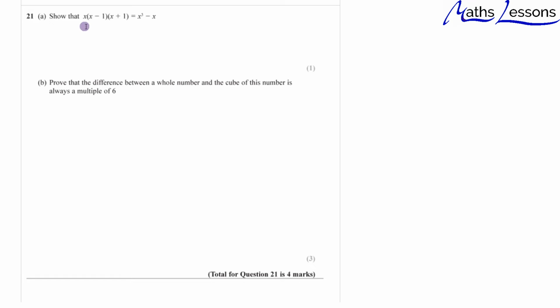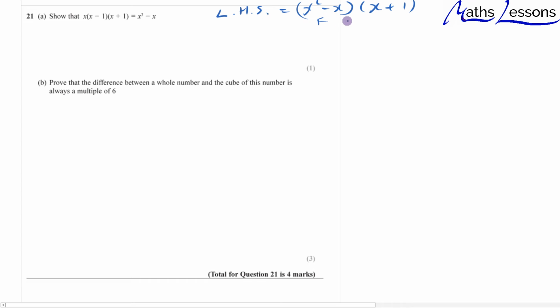Okay, so let's show that this. I think the best way is to multiply out the left, because you start off by writing out what one side equals, then the other side. So the left hand side is going to equal, multiply out the first pair of brackets, x by x.